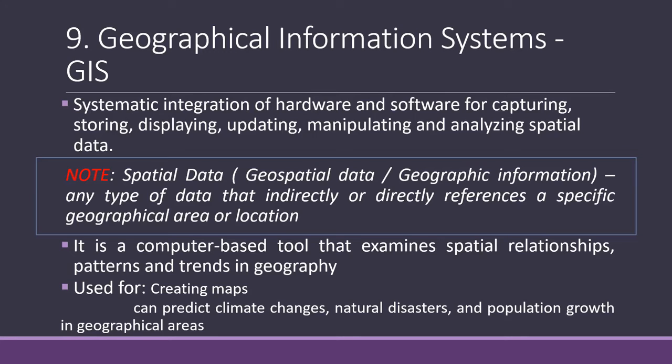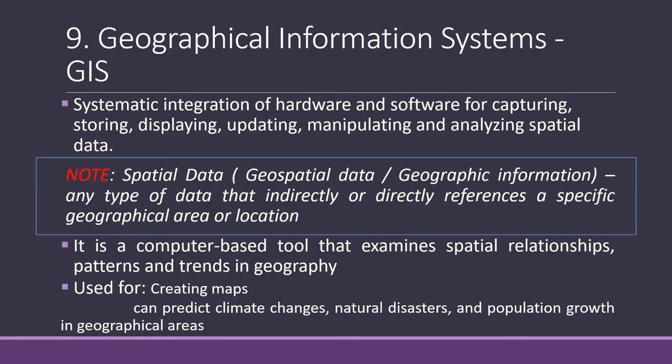These maps are created using satellite images, the locations, and climatic changes that happened in previous days, and they are made such that they can predict climate changes, natural disasters, and population growth in geographical areas.